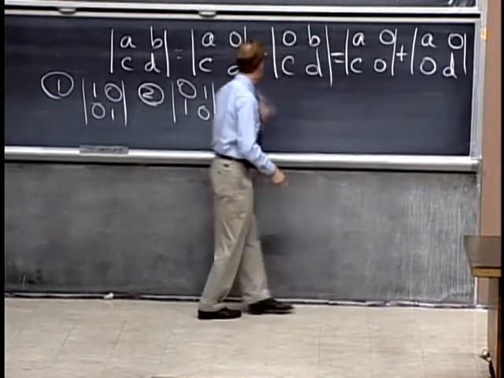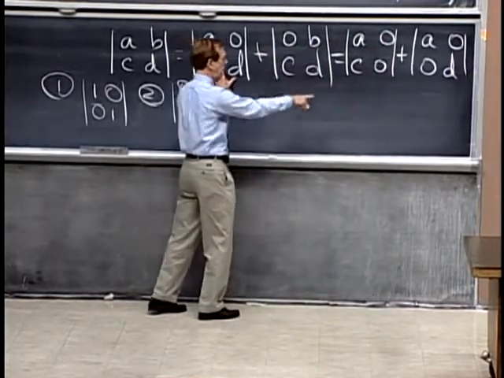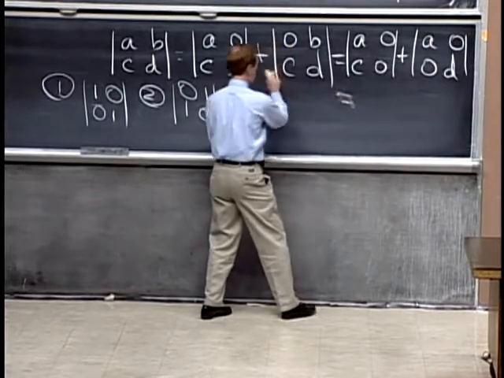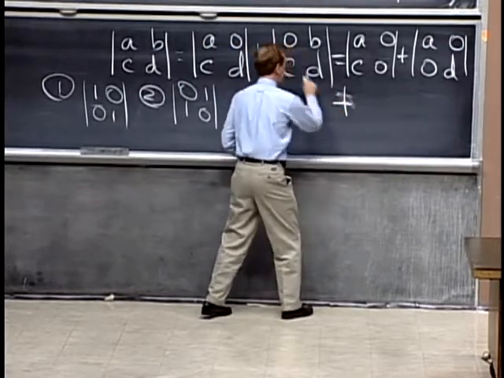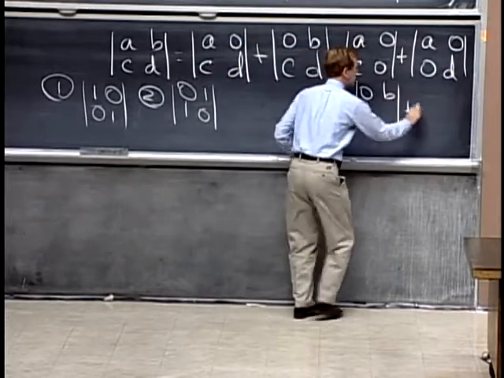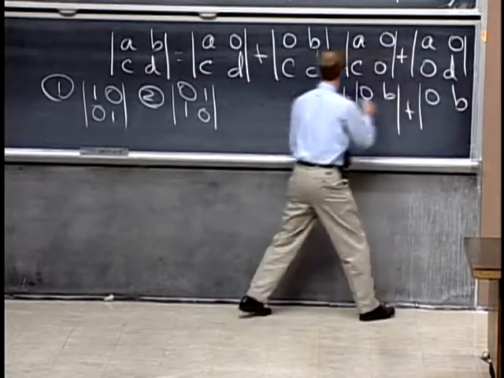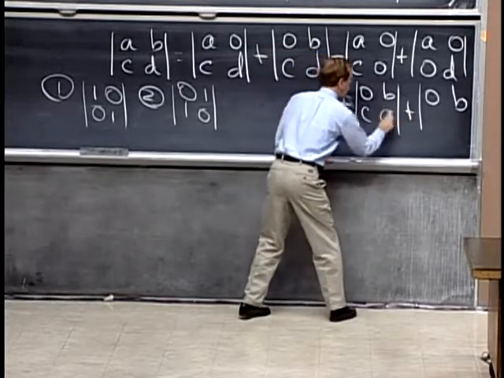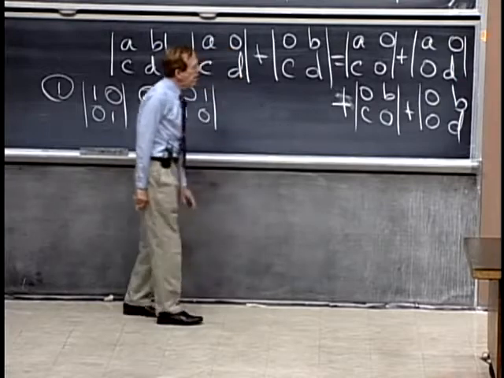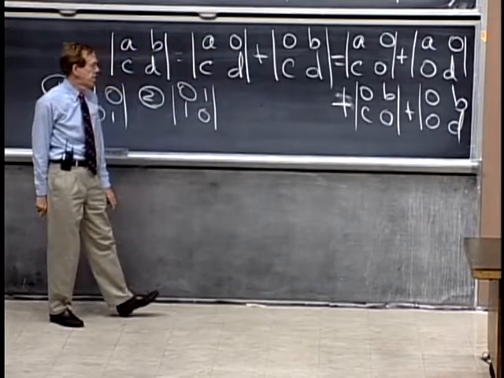I used, for this part, linearity. And this one, I'll do the same. I'll keep this first row the same and split (c, d) into (c, 0) and (0, d). Okay, now I've got 4 easy determinants.